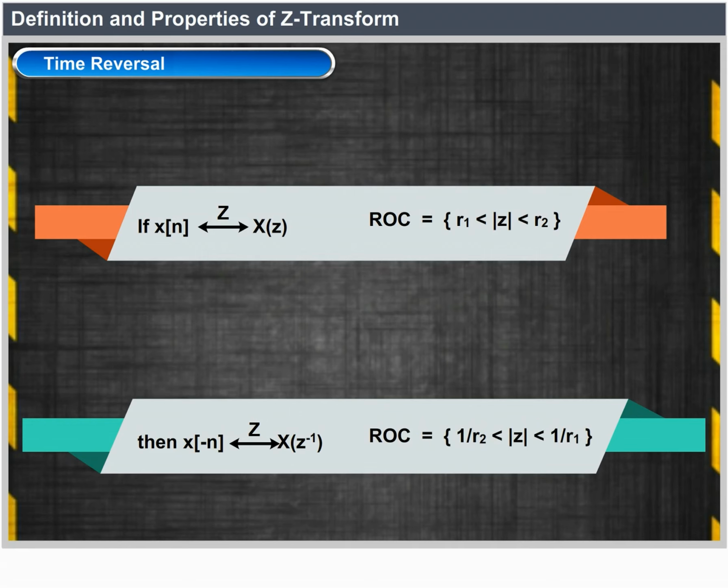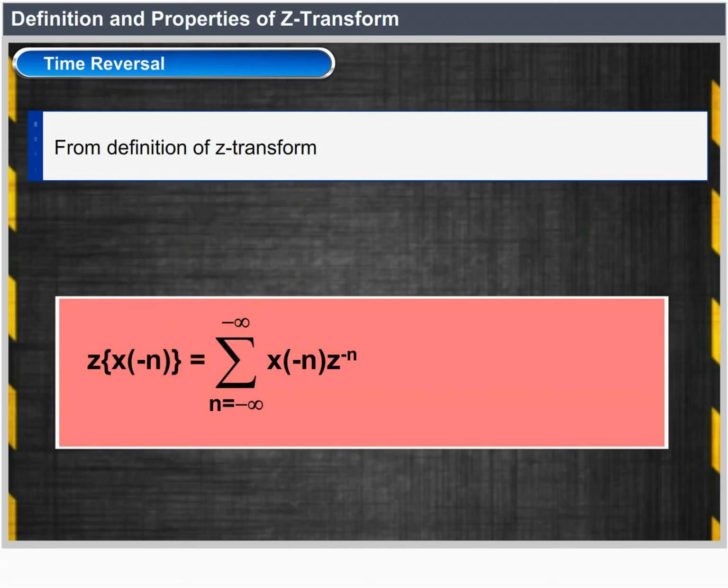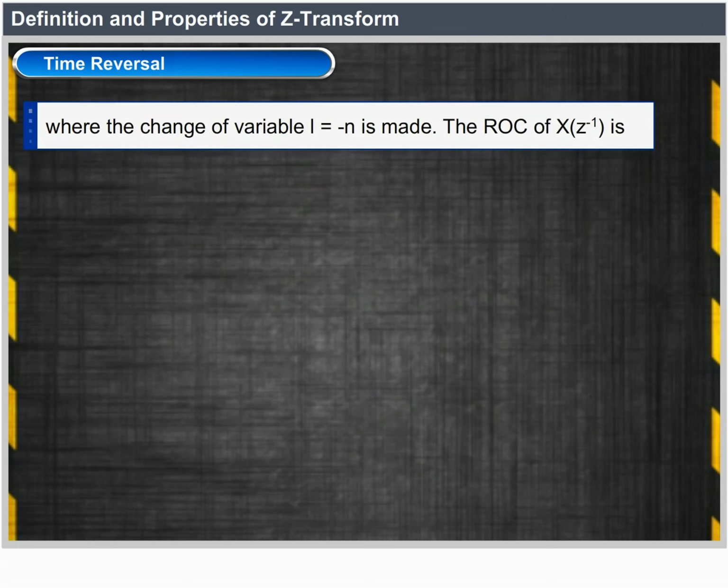From the definition of the Z transform, Z of x(-n) equals the summation from n equals minus infinity to plus infinity of x(-n) z^-n, which equals the summation over l from minus infinity to plus infinity of x(l) (z^-1)^-l, which equals X(z^-1), where the change of variable l equals minus n is made.